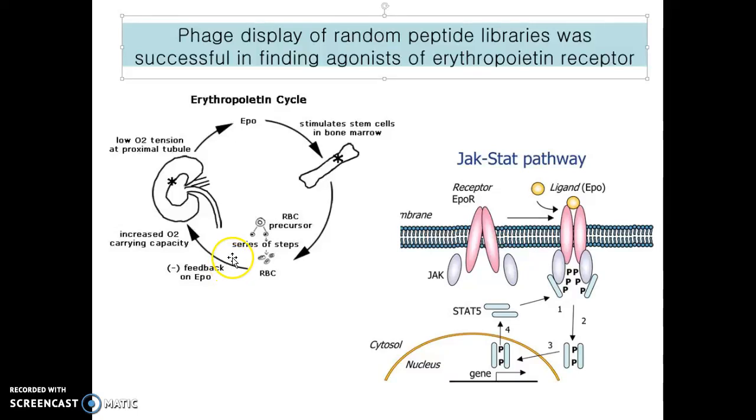Next challenge was to get the agonist of erythropoietin receptor by using fuzzy display.